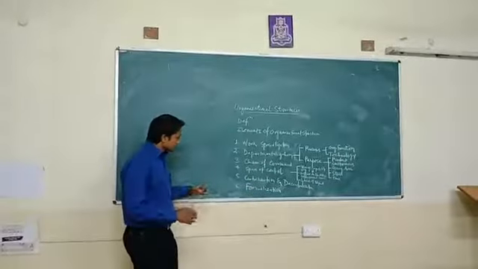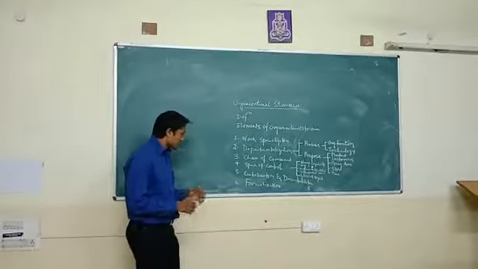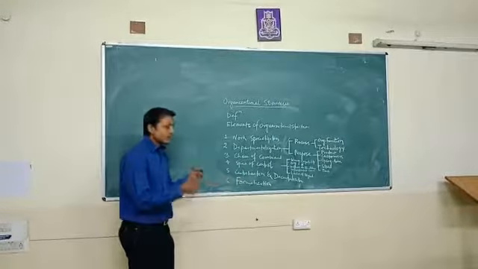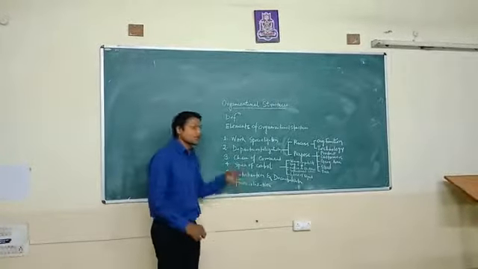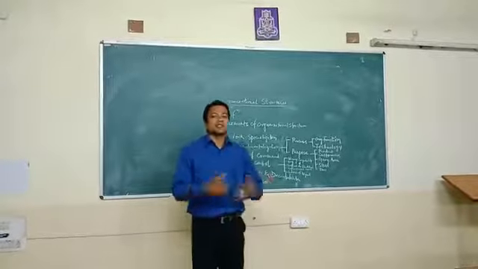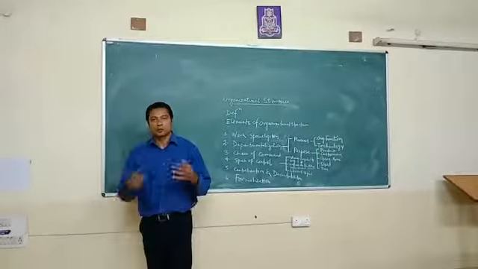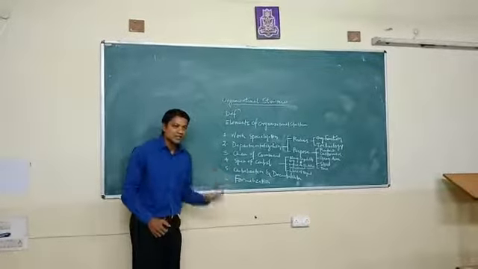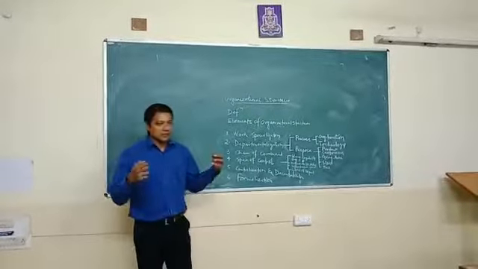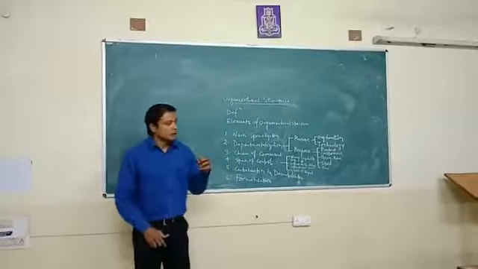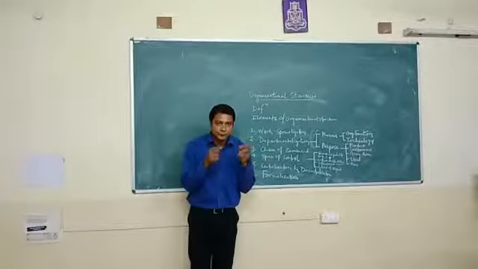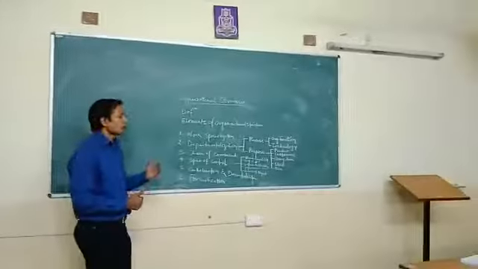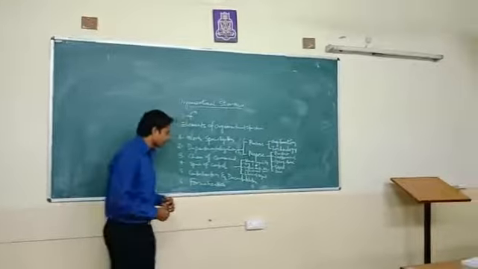The next point which I would like to discuss in this class is centralization and decentralization. Quickly, centralization is the concentration of the authority or the power in the hands of a few people in the organization. If it is more centralized, the decision making capacity is completely in the hands of only a few people who are at the helm of affairs or on the top level management.